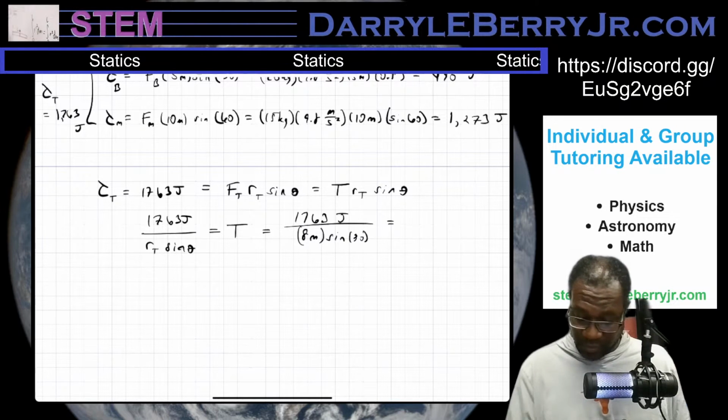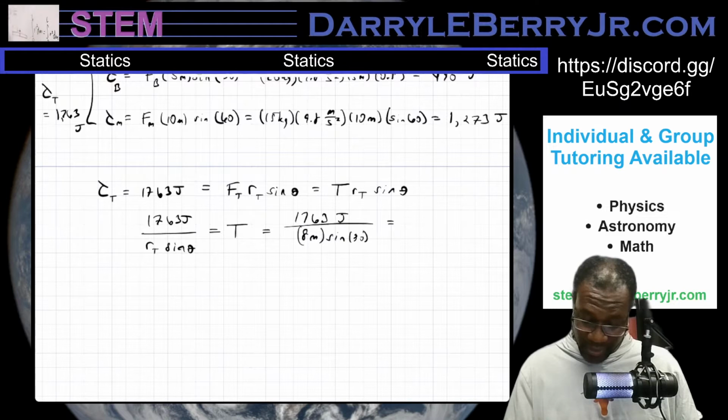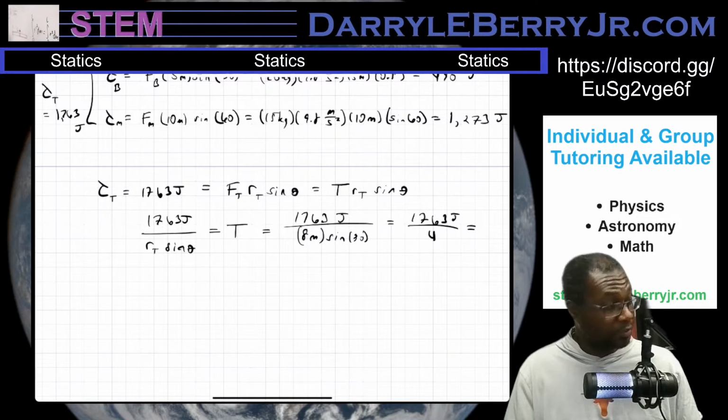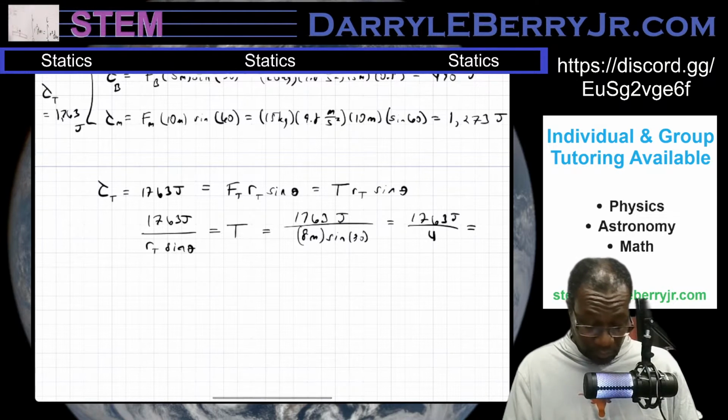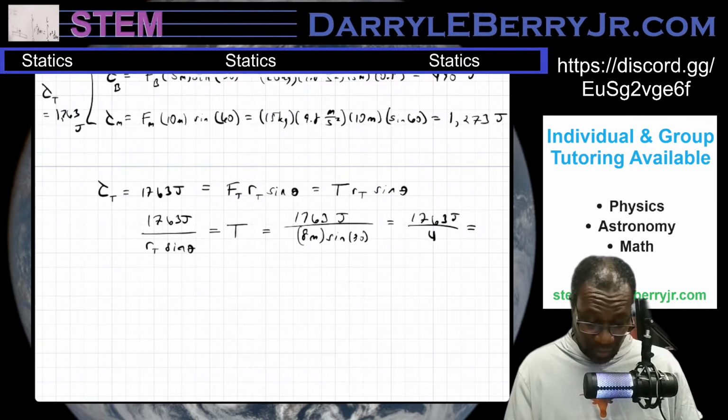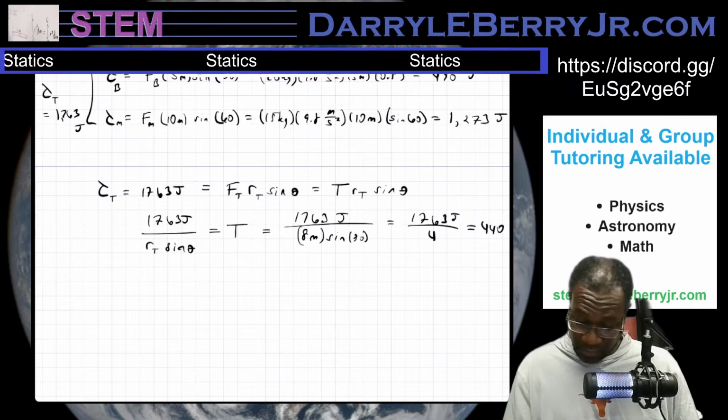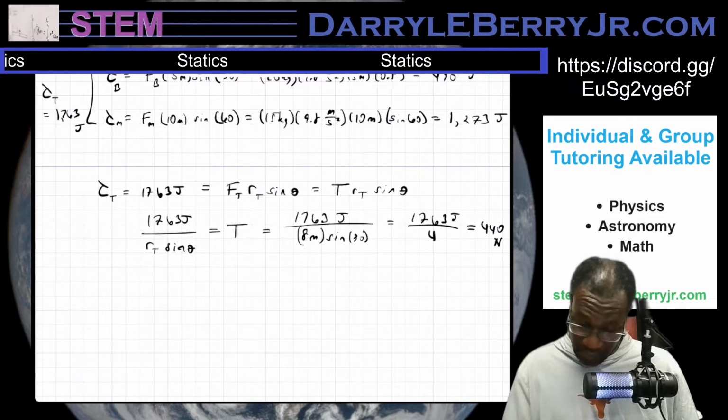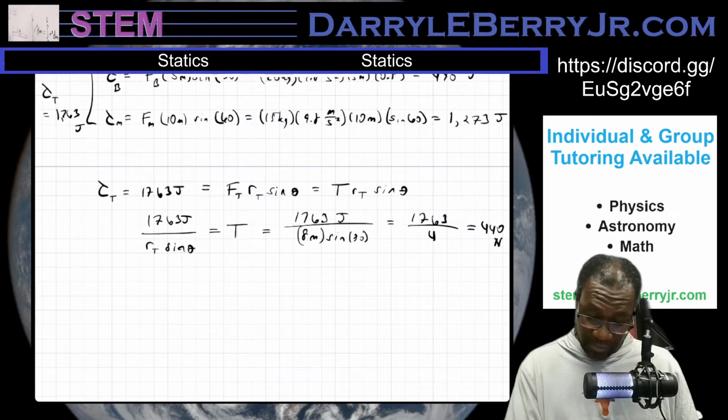So that equals 1/2. So that's 1,763 joules divided by 4, which equals 440. And this is Newton's motion divided by the meters.